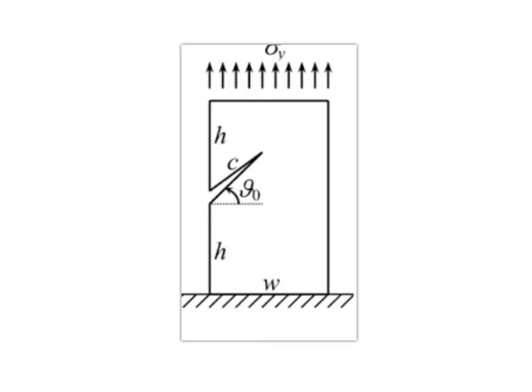What I have shown over here is an edge crack on a finite width plate which is subjected to tensile load. This is an edge crack. This is a problem from the topic called fracture mechanics, but you don't have to worry about that. But when we do problems in fracture mechanics, the question that arises is, hey, what is the component of stress that tries to open up this crack?